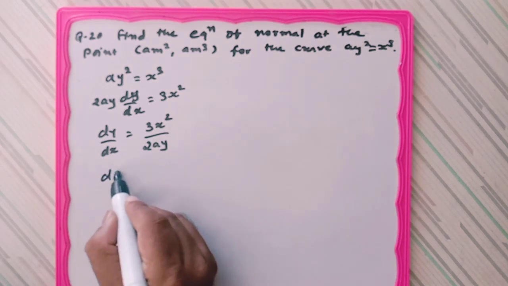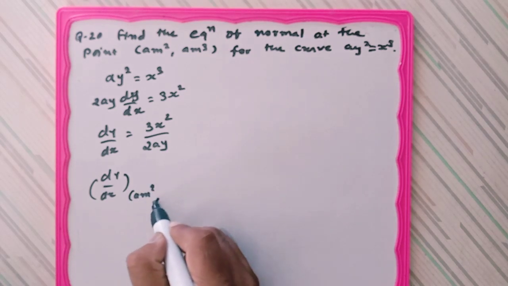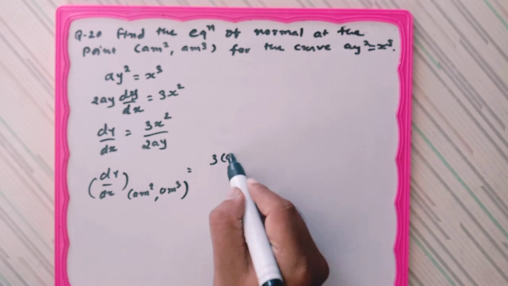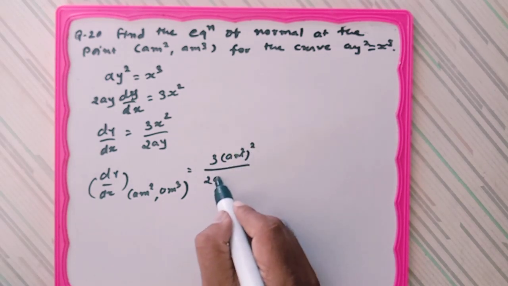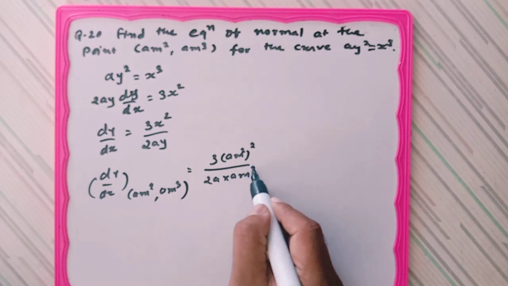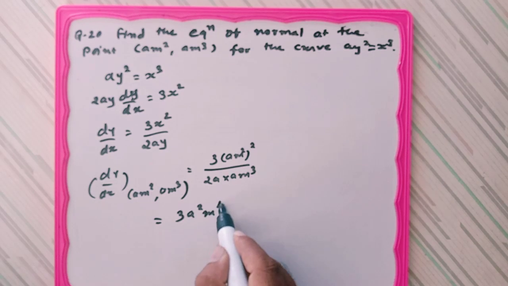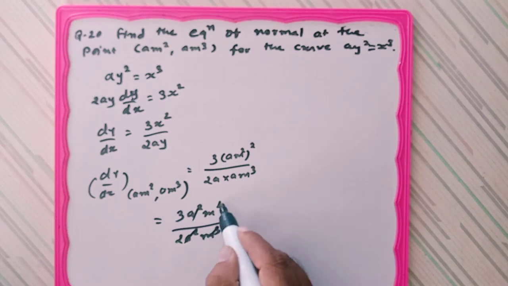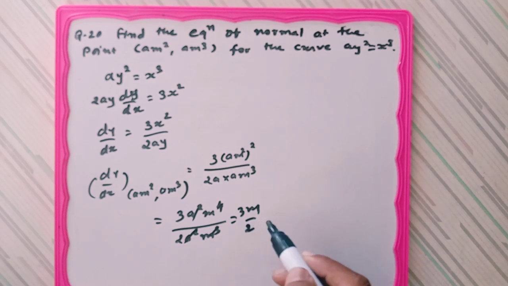At the given point (am², am³), it is 3 into (am²)² and 2a into am³. So it is 3a²m⁴ over 2a²m³, and so a² cancels, one power of m will reduce, and so the slope will be 3m by 2.